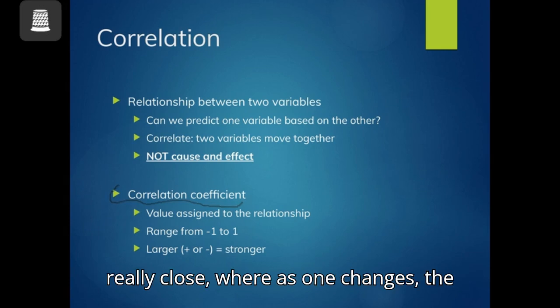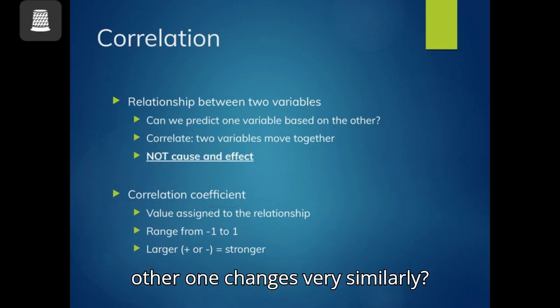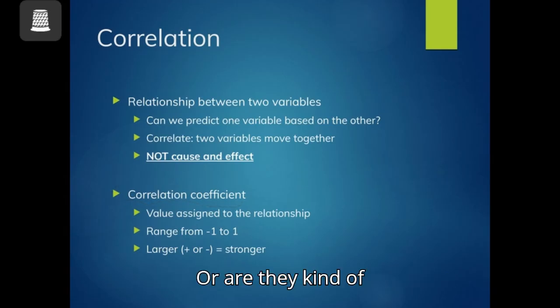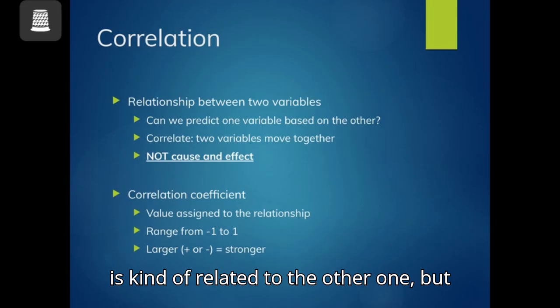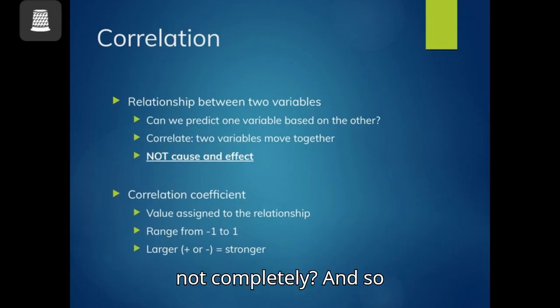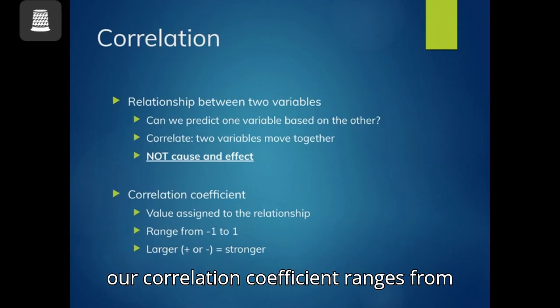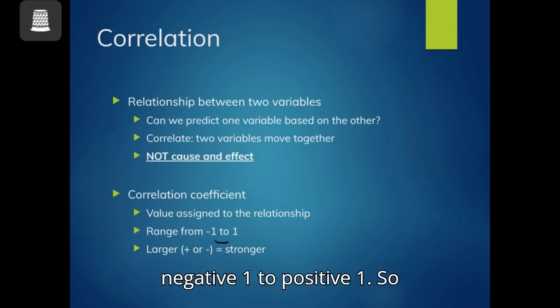Are they really close, where as one changes, the other one changes very similarly? Or are they kind of distantly related, so that one of them is kind of related to the other one, but not completely? Our correlation coefficient ranges from -1 to +1. So -1 and +1 are the extremes.